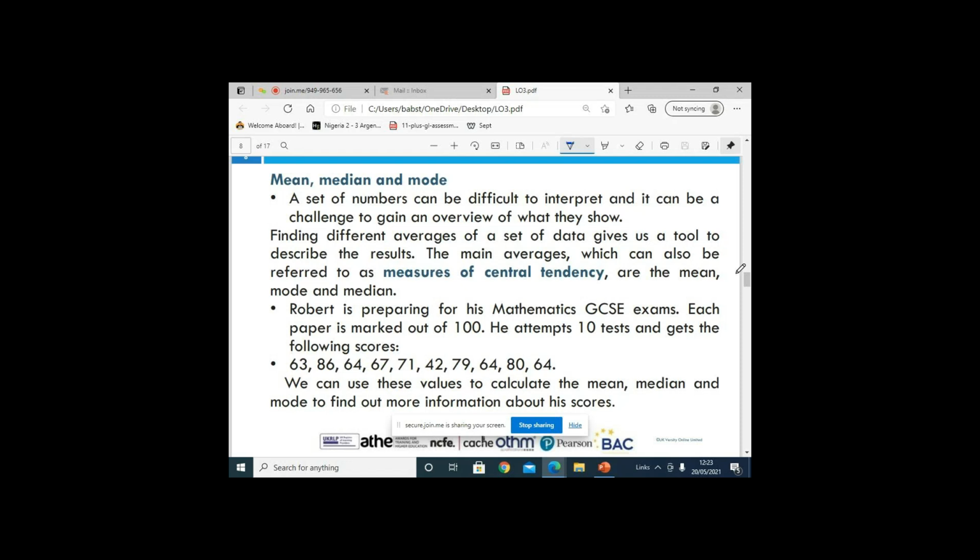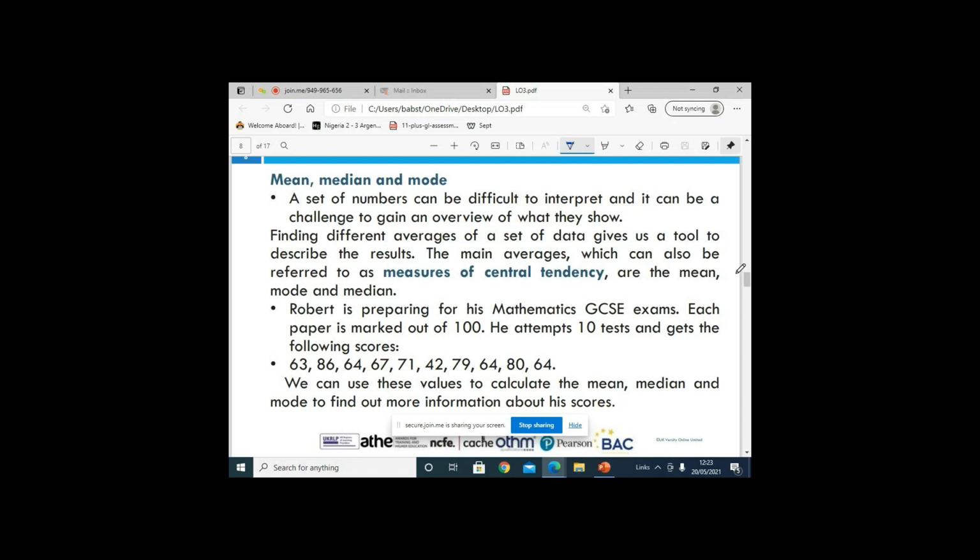So you refer to it as the measure of central tendency. That is the middle ground. Look at this one now. Robert is preparing for his mathematics GCSE exam. Each paper is marked out of 100.